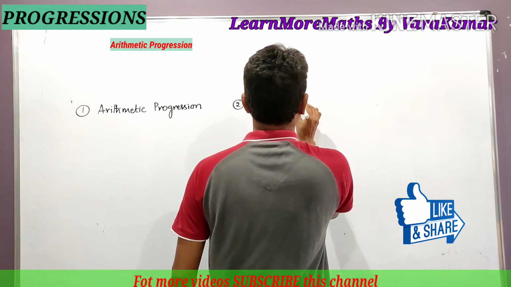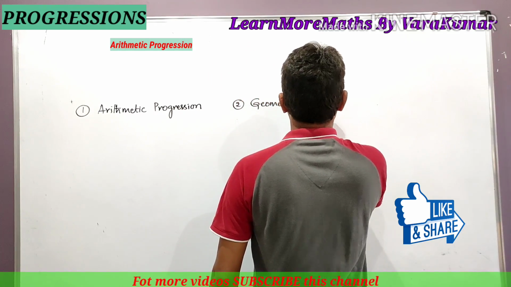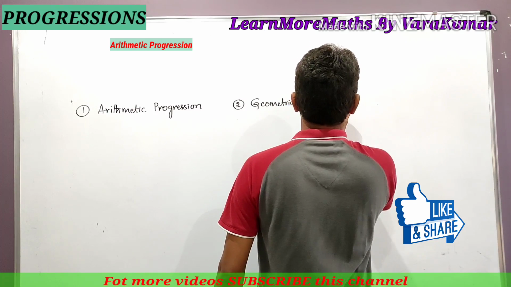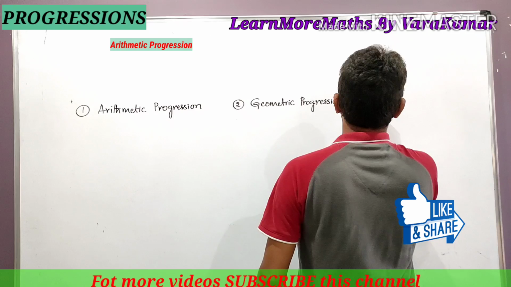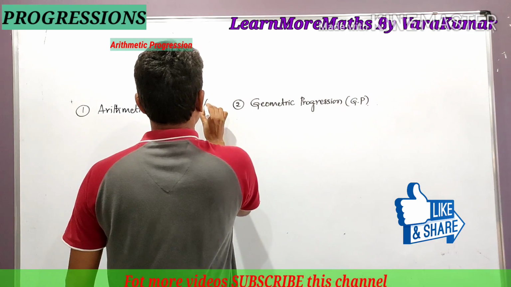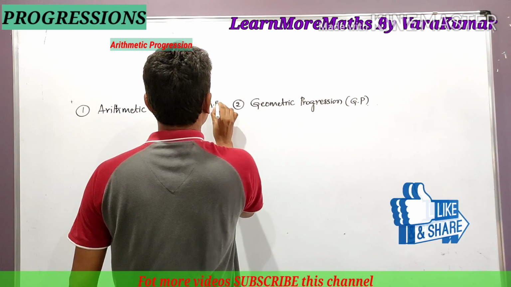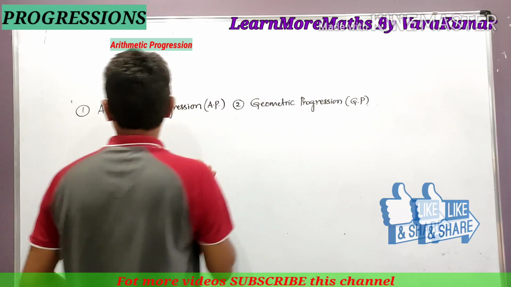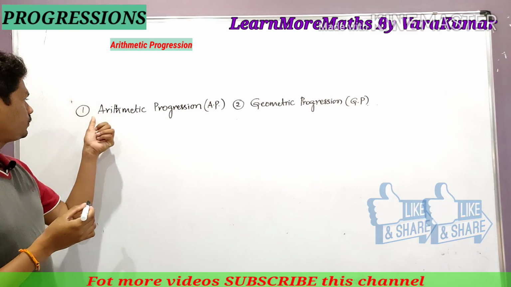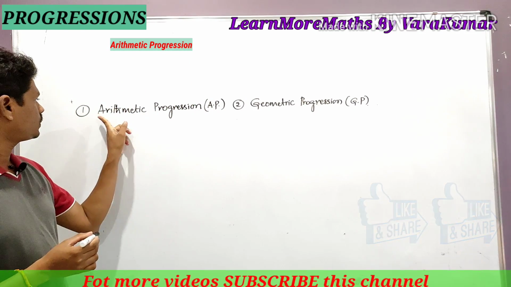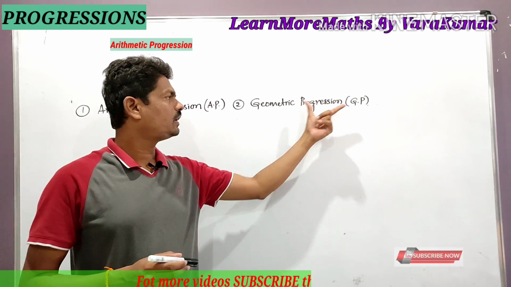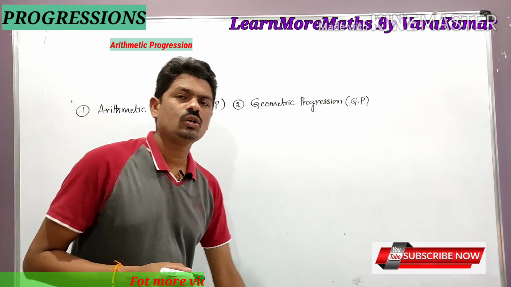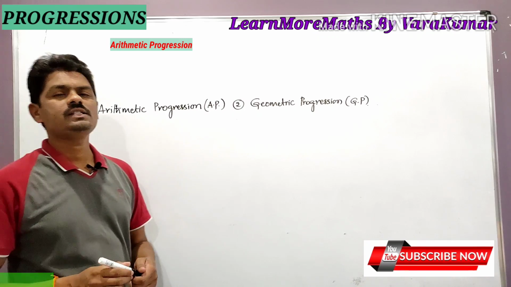So we have these two progressions in our syllabus. Arithmetic progression is denoted by capital AP, and geometric progression is denoted by capital GP, by their first letters.